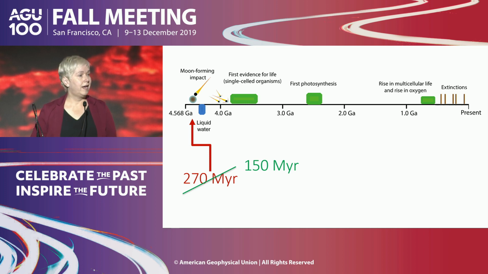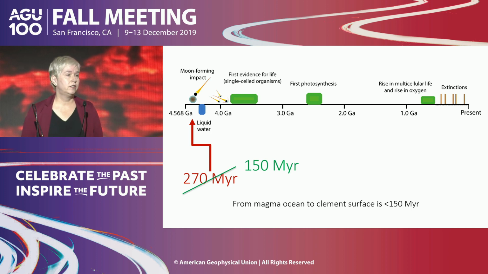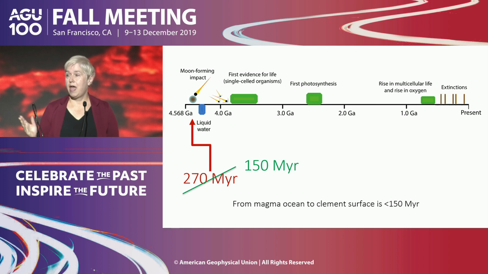Now, a number of decades ago, people thought that was barely enough time. We weren't going to make it. Something was wrong. But it actually turns out that that's plenty of time. And in fact, habitable terrestrial planets like the Earth probably go through multiple magma ocean and solidification to clement conditions cycles in their formation.